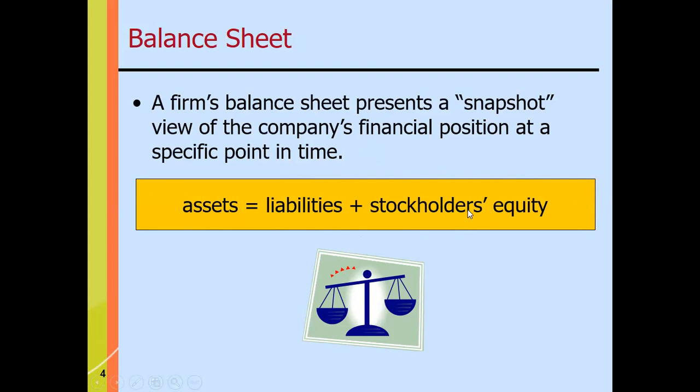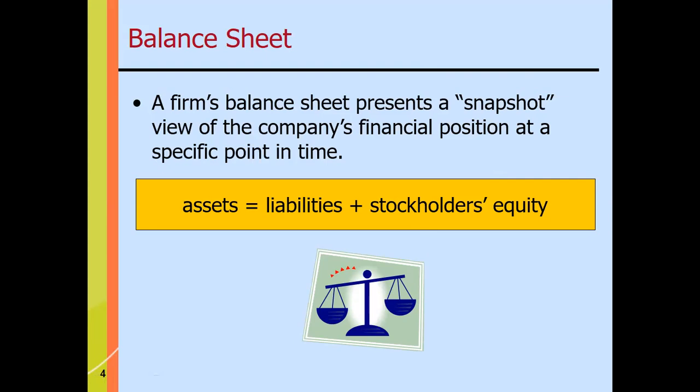Stockholders, again, now known as shareholders. So at all times, the two sides would be equal. Assets are composed of current assets and non-current assets. Liabilities would be the current and non-current ones.